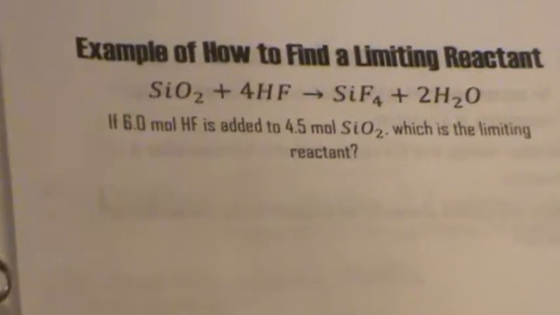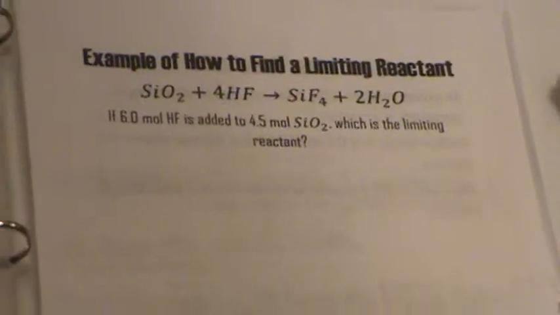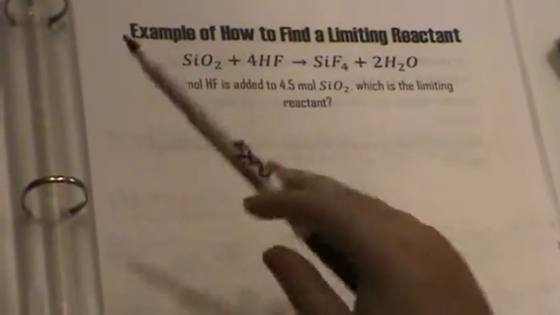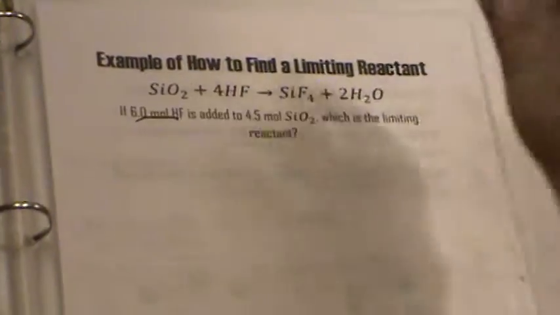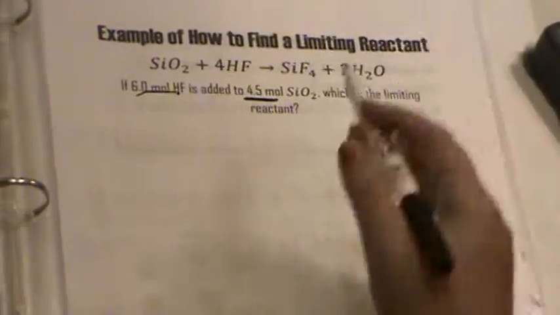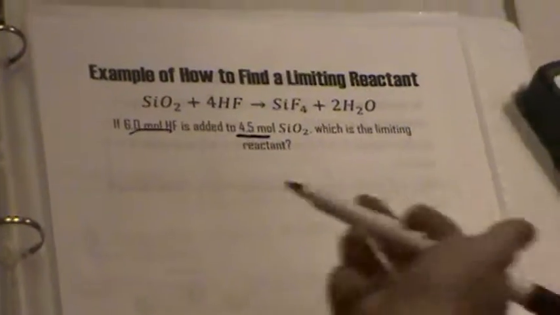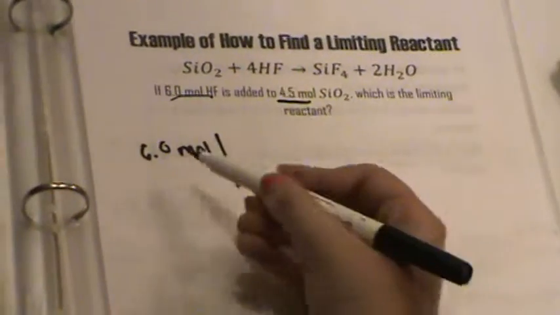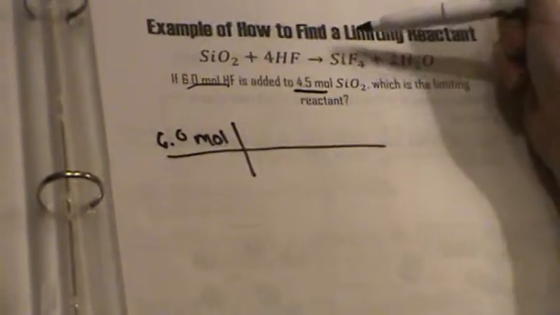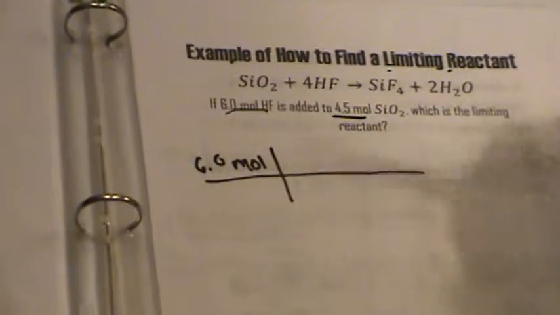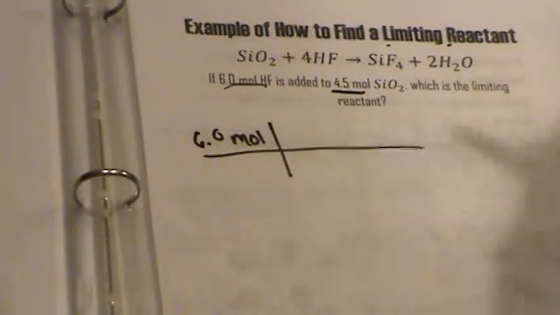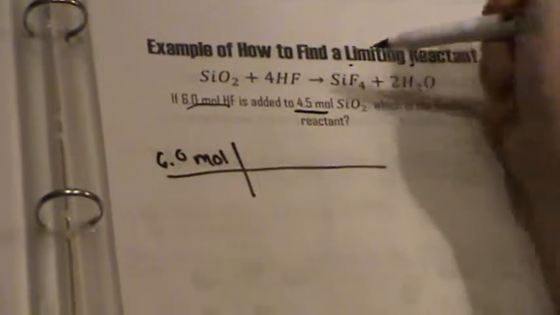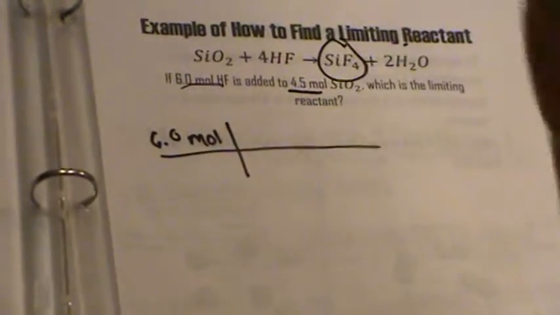An example of how to find your limiting reactant. So you are given two amounts. So you have 6 and 4.5. So you take the 6.0 moles and you do a mole to mole ratio with either this one or this one, and you can pick whichever one you want. For me, I'm going to pick this one.